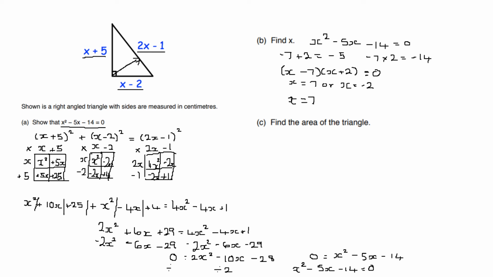Now we need to find the area of the triangle. So if we remember, the area of a triangle is half multiplied by base multiplied by height. So this is our base and this is our height.